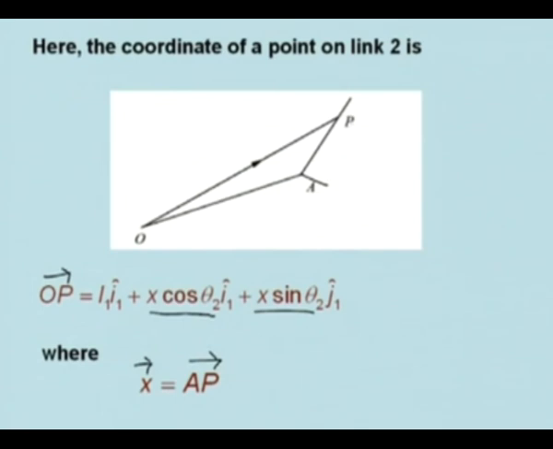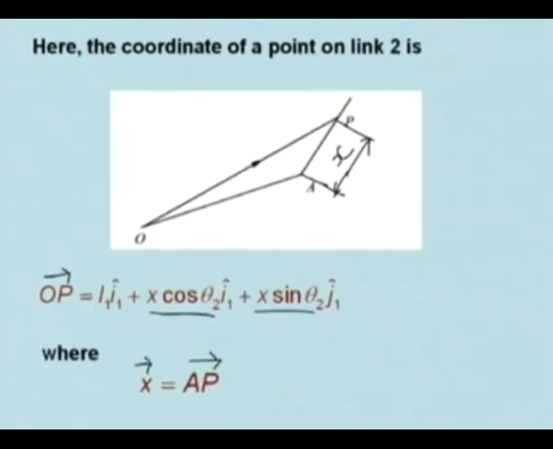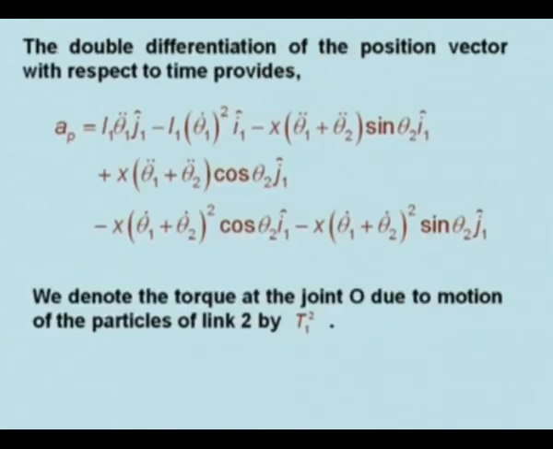In this figure, this is x. This is the position vector of point P with respect to O. If we differentiate this position vector twice, we will get the absolute acceleration of point P. That's what we need.